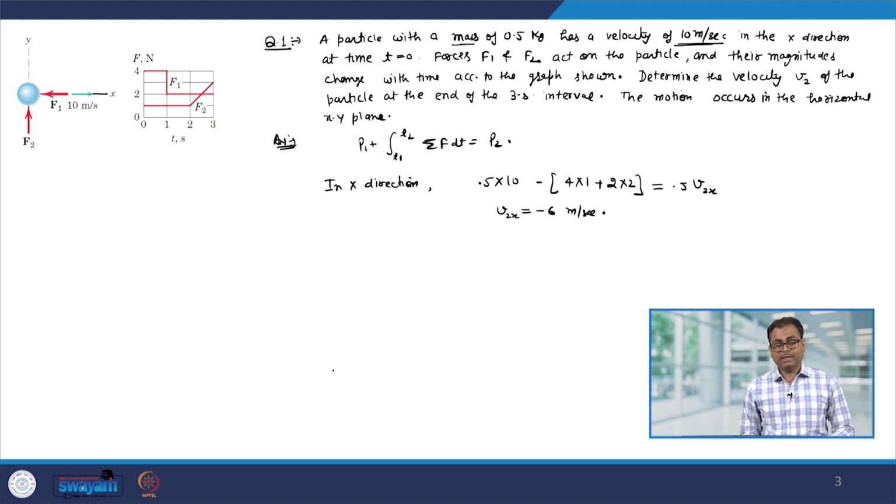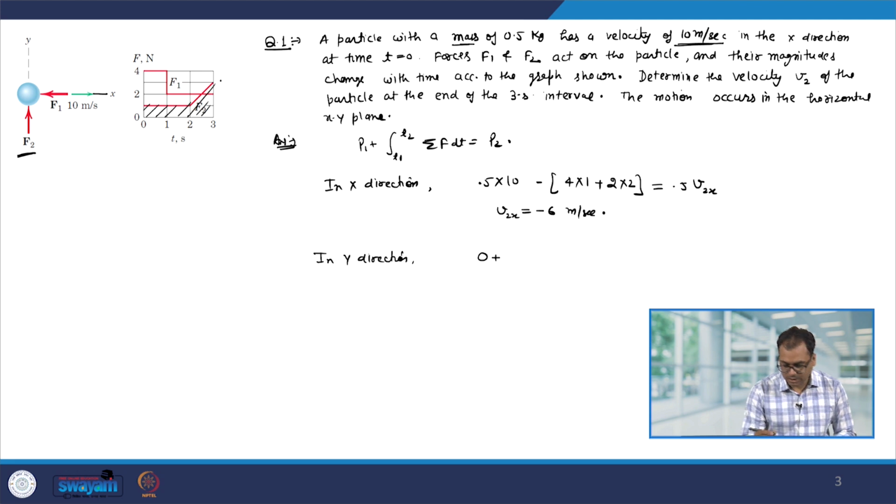Now, let us apply the impulse momentum equation along the y direction. In the y direction only force F2 is acting, and it is given that the mass was initially moving in the x direction only. Therefore, there is no momentum in the y direction. So, in the y direction we have p1 equal to 0 plus integral F dt. That will be the area inside this force graph.